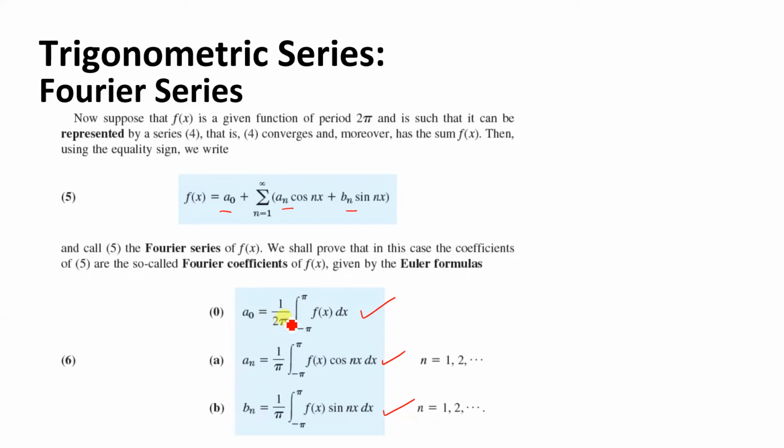That is, a0 is equal to 1 over 2π times the integral from minus π to π of f(x). Similarly, a_n is equal to 1 over π times the integral from minus π to π of f(x) cos nx dx. Similarly, b_n is defined by 1 over π times the integral of f(x) sin nx from minus π to π.